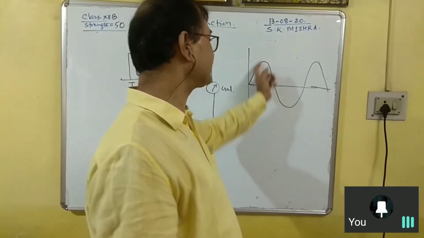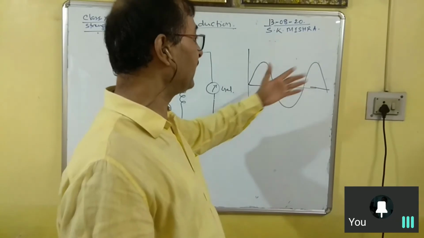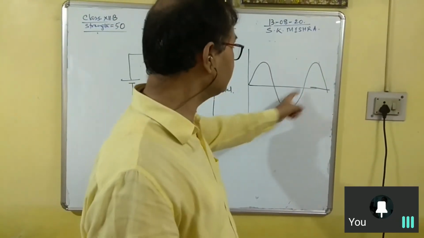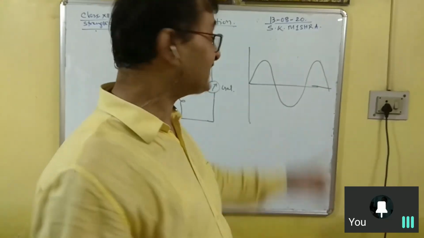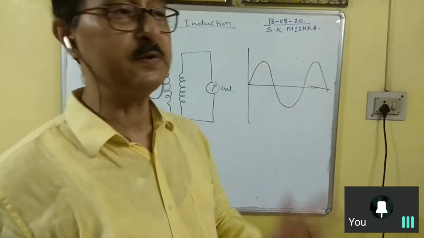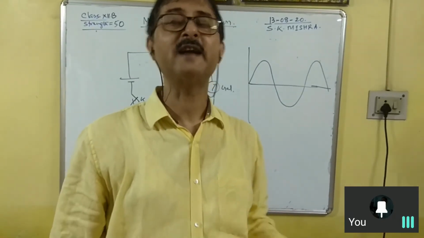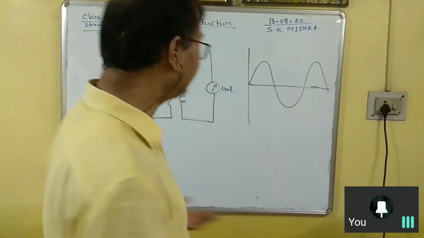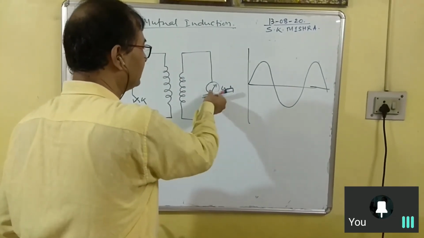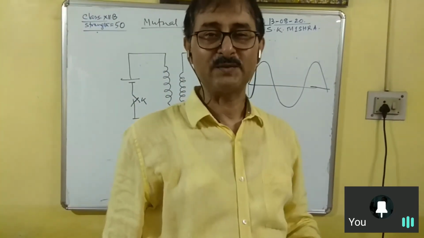This is one cycle. And in India, your household supply alternating current has frequency 50 Hz, meaning 50 cycles per second. In one cycle, the current reverses its direction twice. So in 50 cycles, how many times will it reverse its direction? 100 times. So the pointer goes right, left, and this phenomenon will be so fast that for you it appears steady.